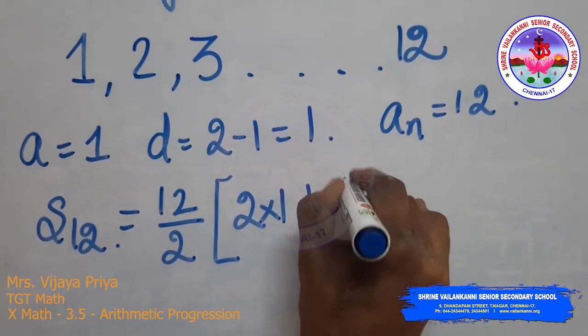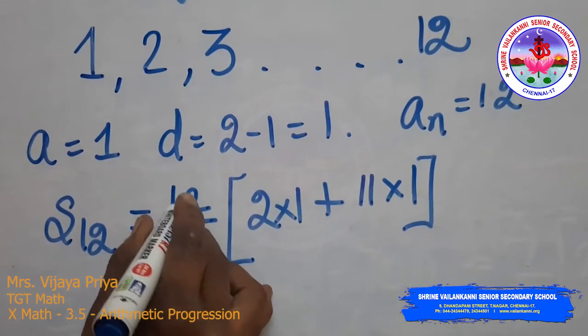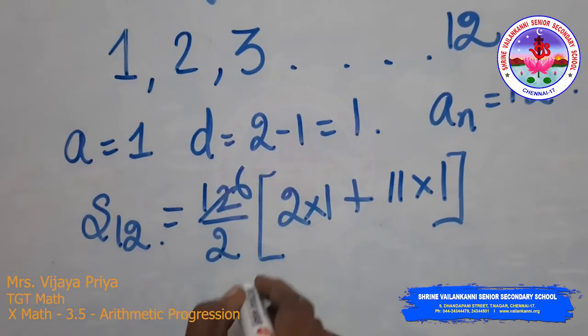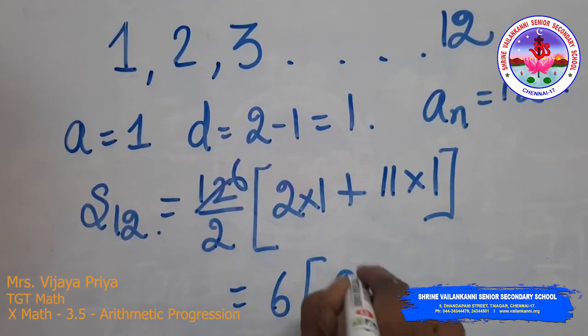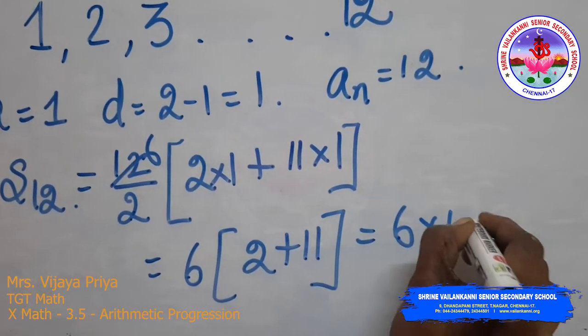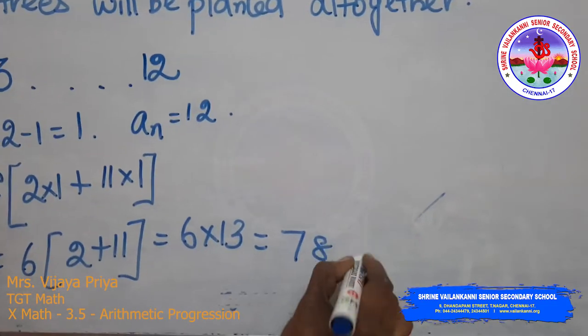So 12 minus 1 is 11, common difference is 1. So 12 divided by 2 is 6 times 2 plus 11, which is equal to 6 into 13, which is equal to 78.